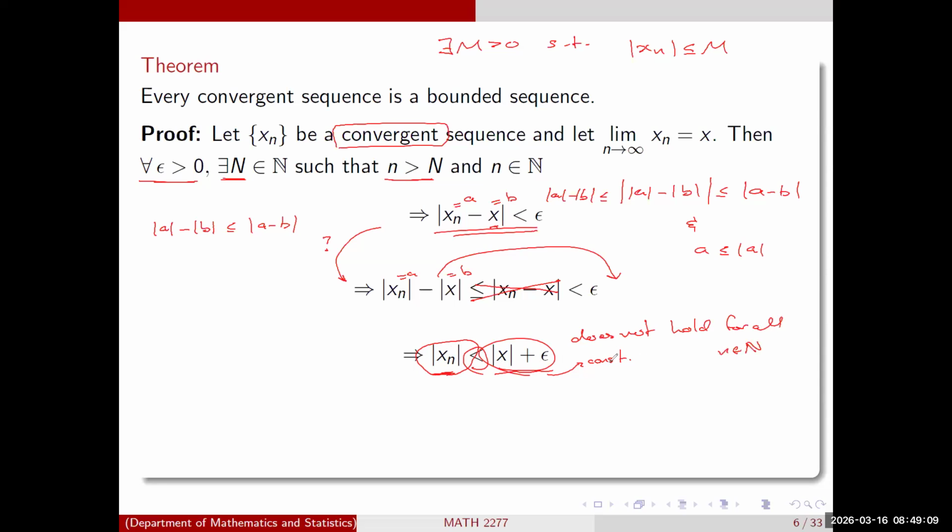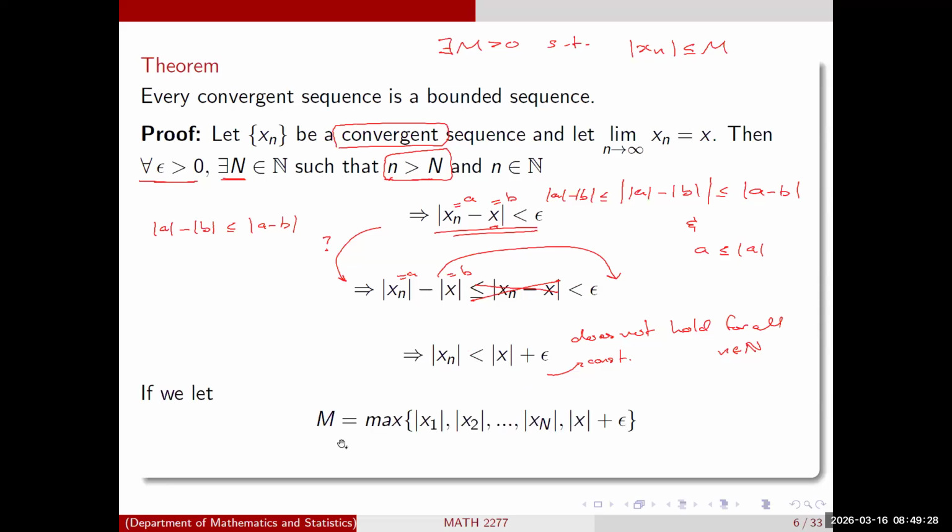This inequality only holds so long as I take terms beyond big N. So what about all the terms before that big N?